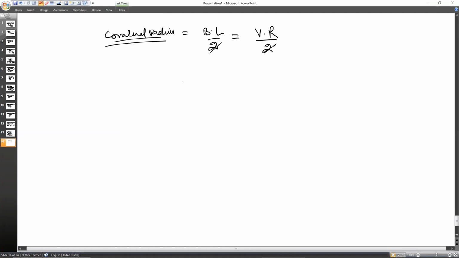So this 2 will cancel out. We can say the bond length is approximately equal to van der Waals radius. Note it down, please.